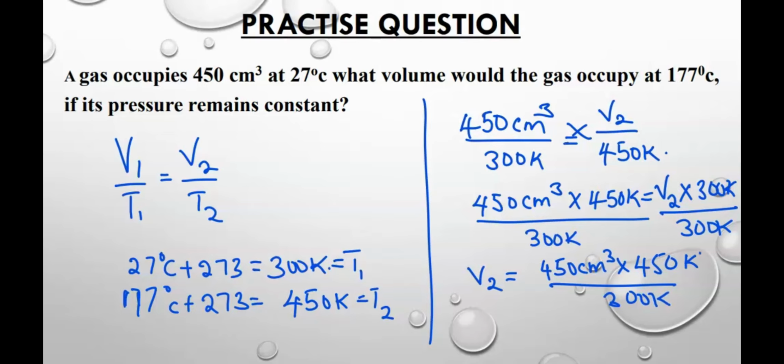Kelvin and Kelvin will cancel. So V2 will be 450 multiplied by 450 divided by 300. If you key that in your calculators, what you'll get is 675 cubic centimeters. So that is the new volume, or volume 2.